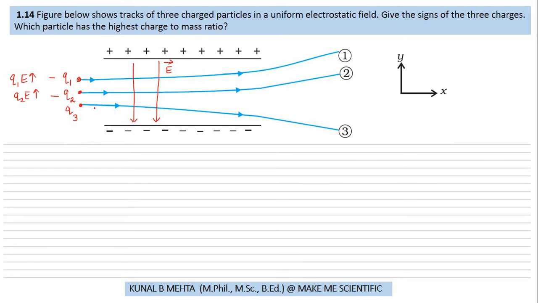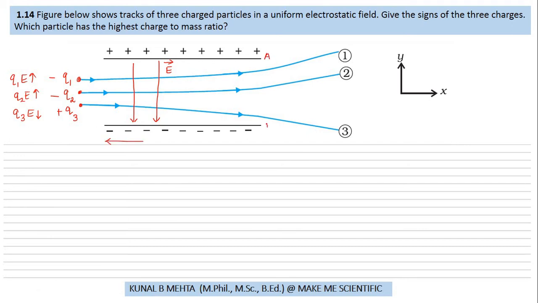And now since Q3 is going towards negative, which means it is a positive charge, it would be experiencing a force of Q3E in the downward direction. Right guys?